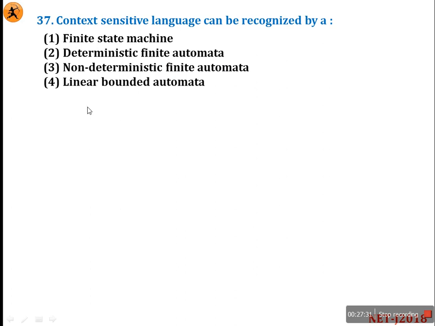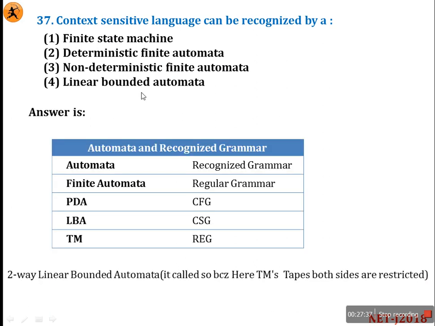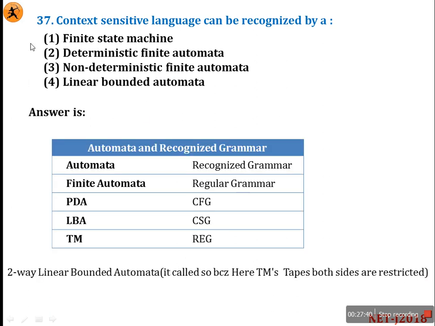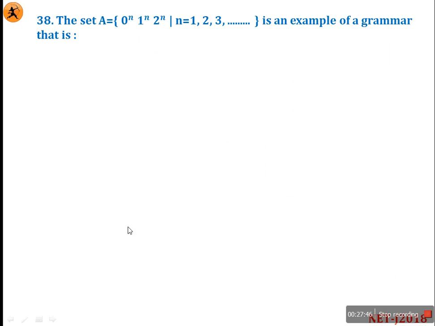Only linear bounded automata can read regular language, context free language, context sensitive language. So if you know that table, you can easily answer one more question. It's a very simple question if you know only one table properly.